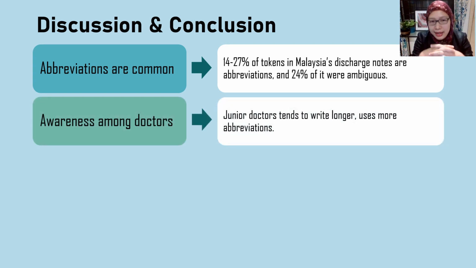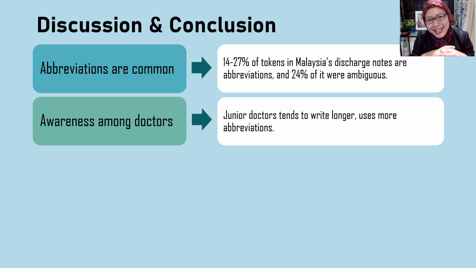And we also learned that junior doctors tend to write longer and use more abbreviations. It may be helpful for us to increase awareness among doctors because in the study by Koh et al., the survey finds that the doctors feel that when they use the abbreviation, everyone else should know what it means.